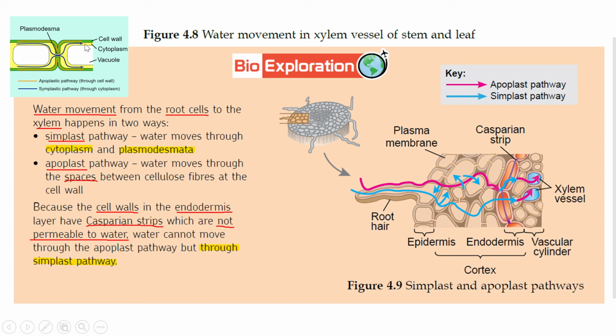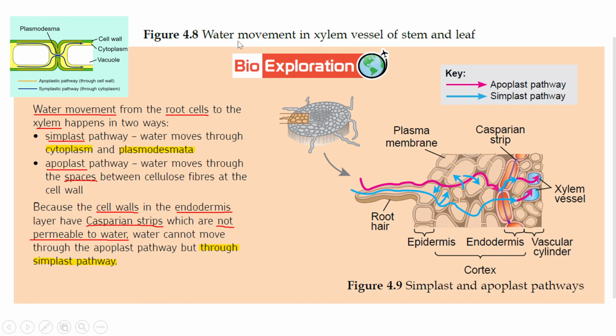It's not like the plasma membrane itu semi-permeable, but cell wall all permeable. But for endodermis, having this Casparian strip, it's not permeable to water, and therefore water cannot move through the apoplast pathway, but it has to go through the symplast pathway over here. Okay, maksudnya dia memang akan melalui cytoplasm, dia akan melalui plasmodesmata, okay, seterusnya merentas all these parts over here sehinggalah dia sampai kepada xylem vessels.